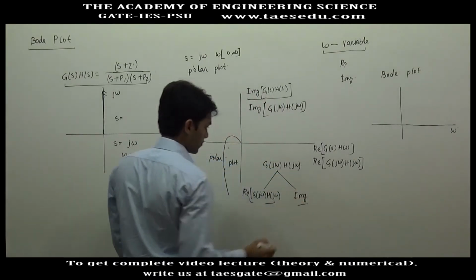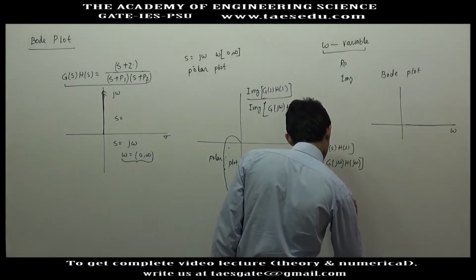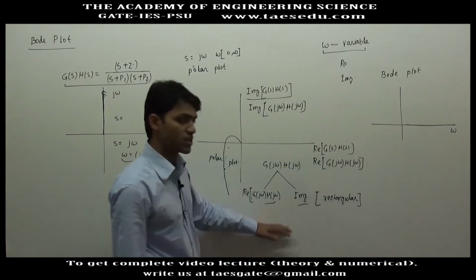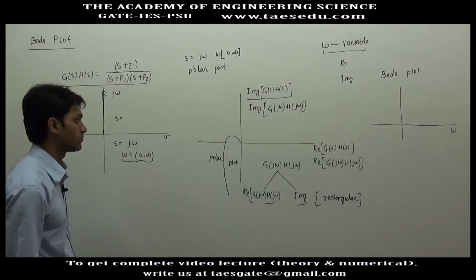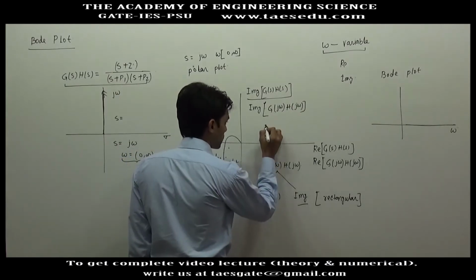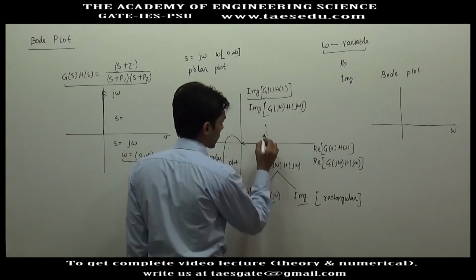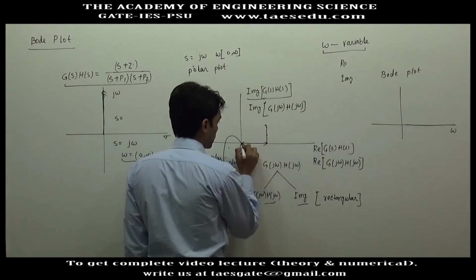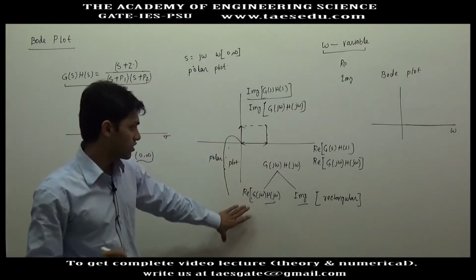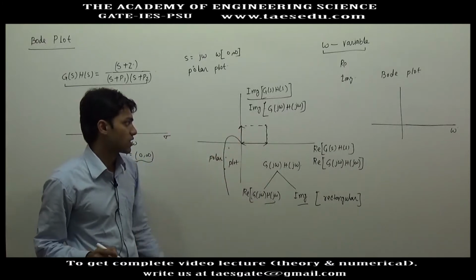This kind of representation is called rectangular representation, or rectangular form. Suppose for some omega we are on this point, so this length will be real part of G(j omega) and this length will be imaginary part.